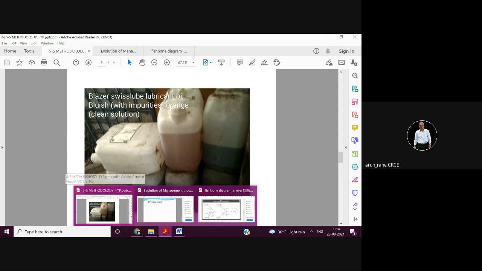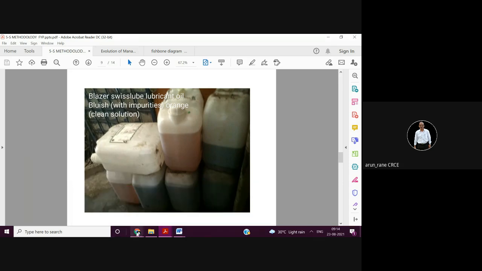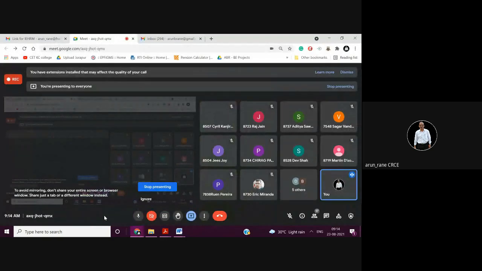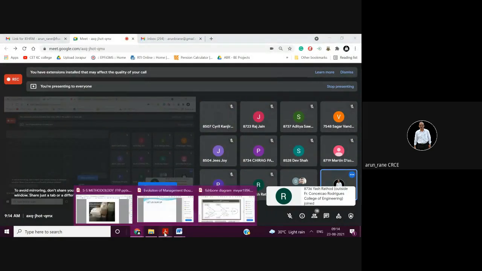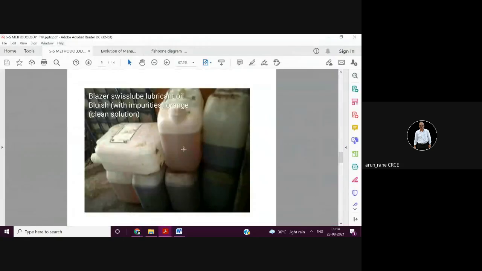So you have a photographic proof as well as documentary evidence. So it is always good practice to capture the existing situation in terms of data as well as in terms of photographs.